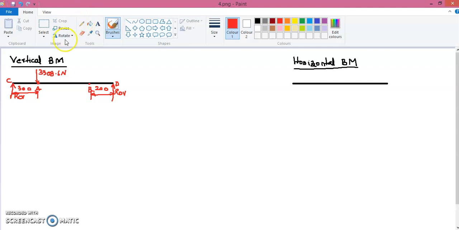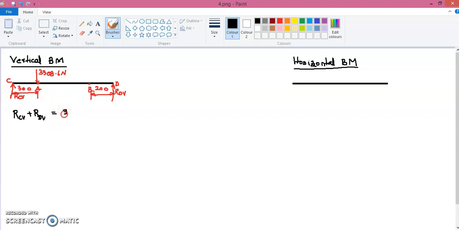So for that we know this equation, that is sum of the upward force RCV plus RDV. These are the upward forces acting. That should be equal to the sum of the downward force.